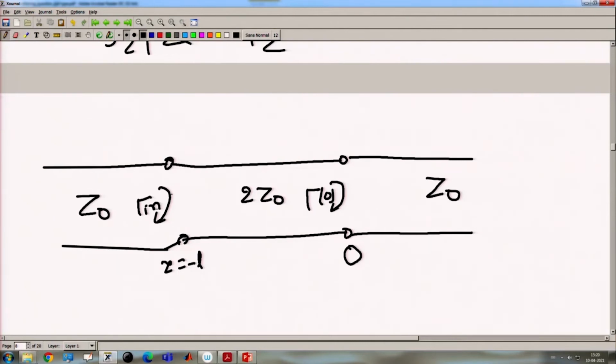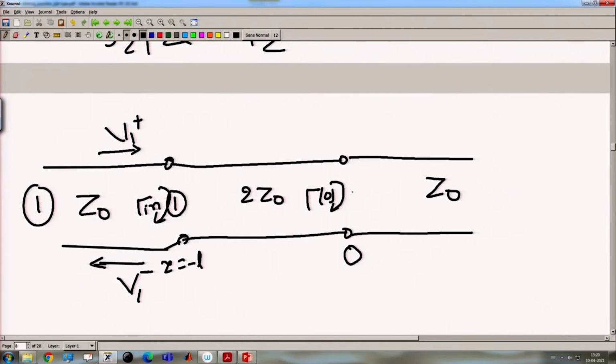So, V 1 plus and V 1 minus, reflected from port 1. This side is port 1, and here is port 2, V 2 minus, then V 2 plus, and we are terminating with Z naught.